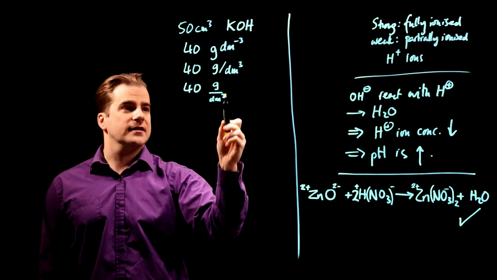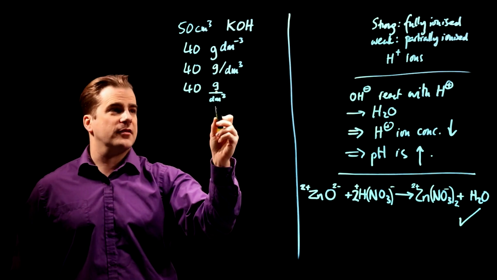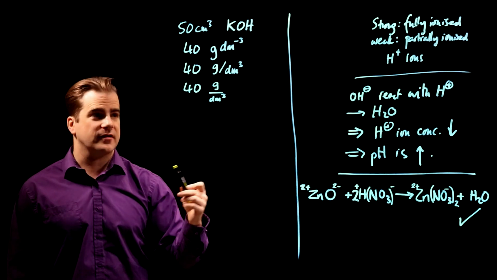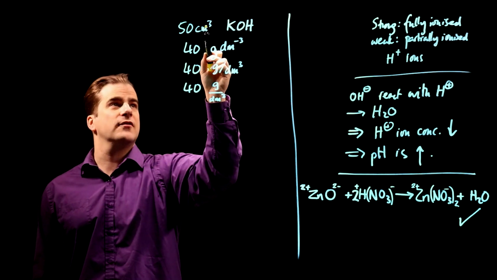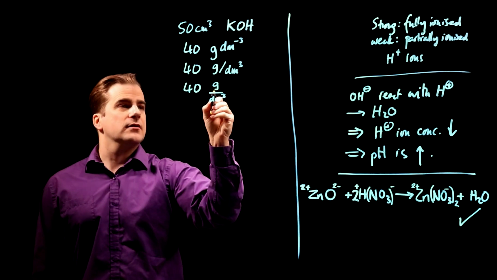By looking at the units, you know what you have to do in order to get something in units of grams, because it's asking for a mass. So we want to be left with grams, which means you want to kill off the cm cubed and the dm cubed. So, look at these two.